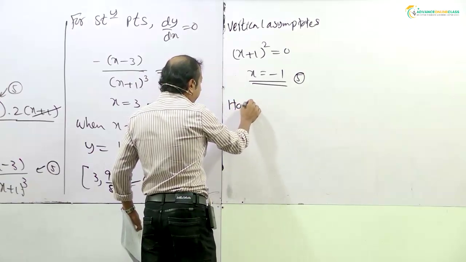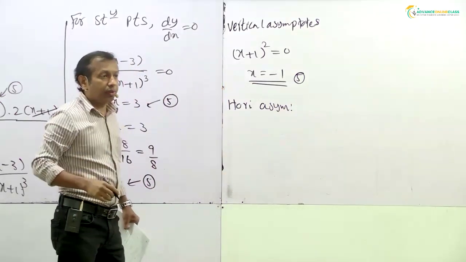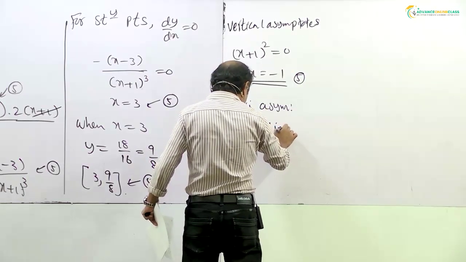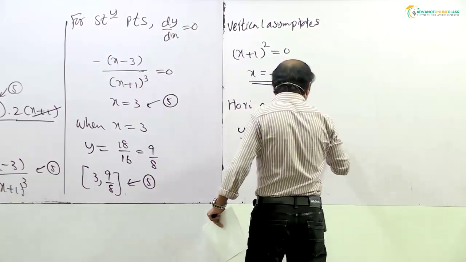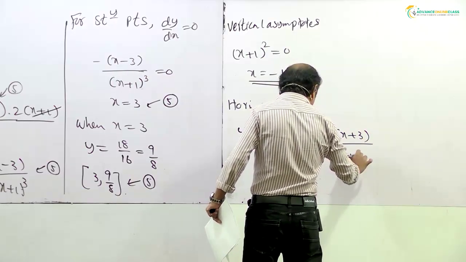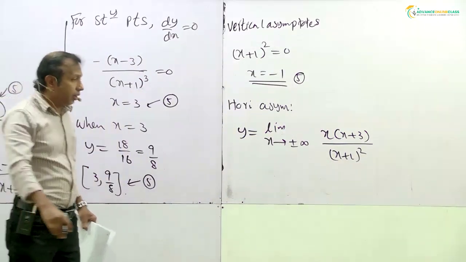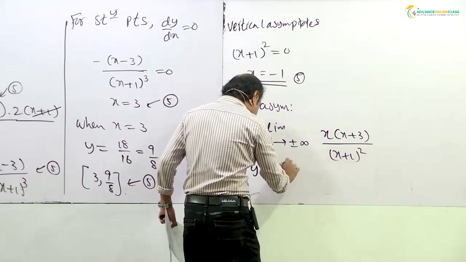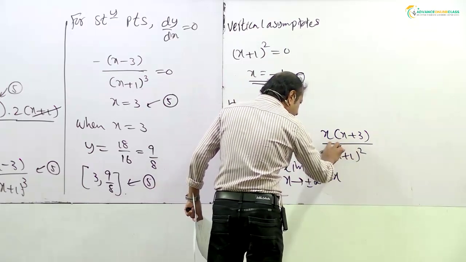Horizontal asymptotes. For horizontal asymptote, take x going to plus or minus infinity, no? Limit x to plus or minus infinity of the right hand side of f(x), x times (x plus 3) over (x plus 1) squared. Right. Take x out from the numerator. Take x out from the denominator. Also take this x out, x squared comes in.